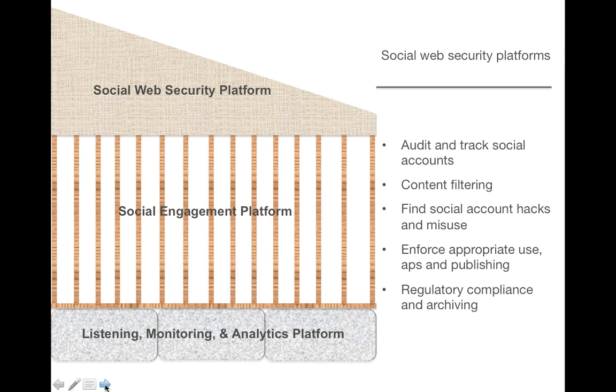The second thing is that you really need content filtering, and that's one of the things social web security platforms provide. How do you avoid putting out the wrong type of content accidentally? We've all seen the stuff from the Red Cross where somebody accidentally tweeted something out about getting drunk on the official Red Cross channel, and thankfully they had a great social media team in there.